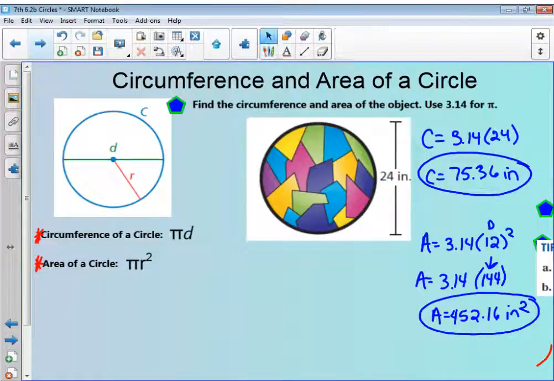Here you should have gotten, for this circle that had a 24-inch diameter, the circumference to be 75.36 and the area to be 452.16 inches squared.